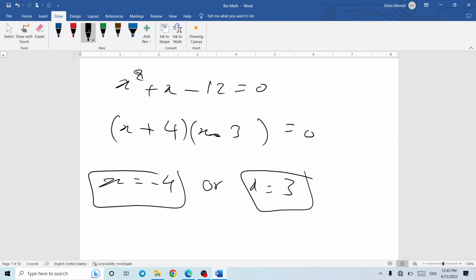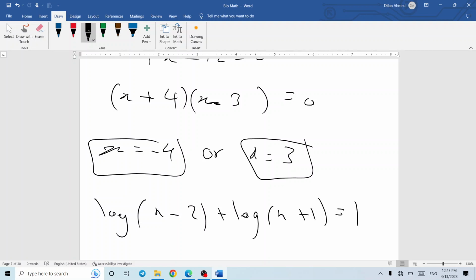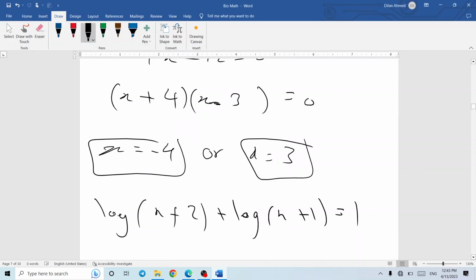Why am I going to put here log of x minus 2 plus log of x plus 1 equal to 1? Can you tell me why? Why do we need to substitute that one here?